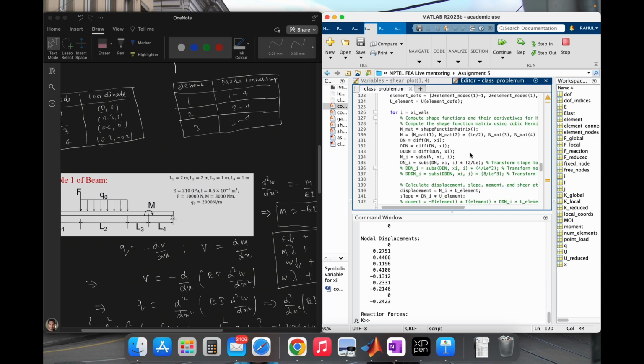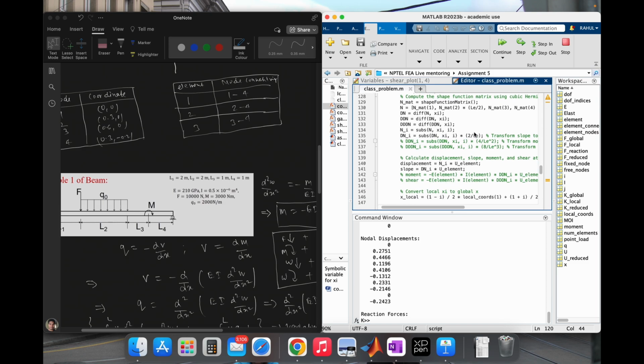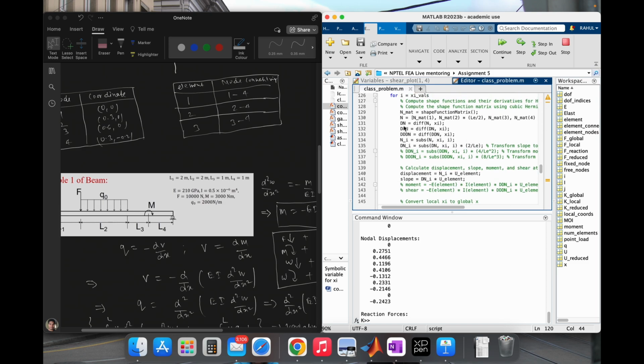Here, to calculate the displacement, first it will calculate N, dN, and I will tell you why I am using the triple d, single d like that. The main purpose of using the triple d is that we need to differentiate N three times to get the shear force.